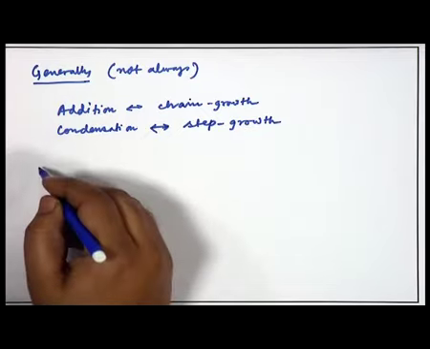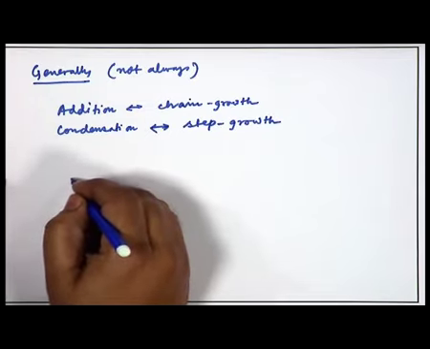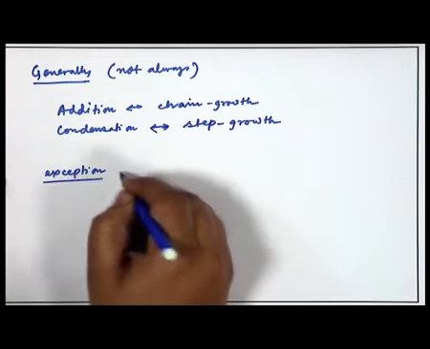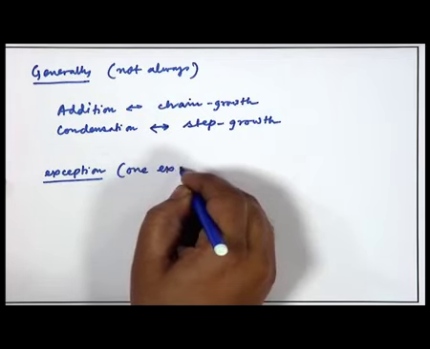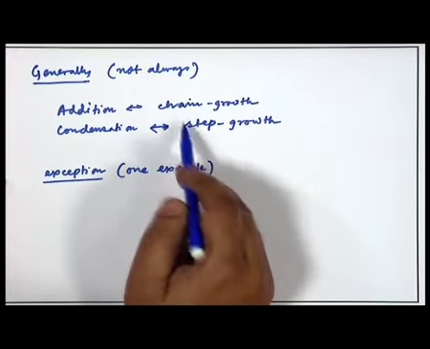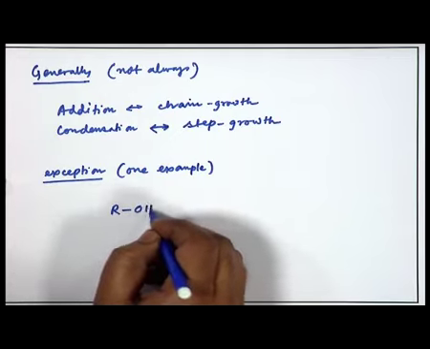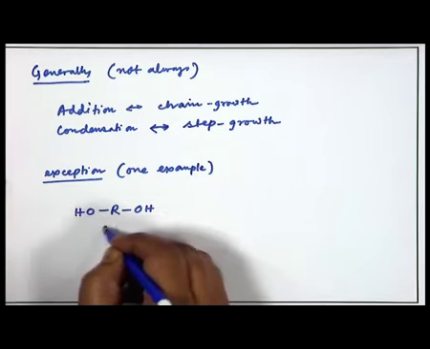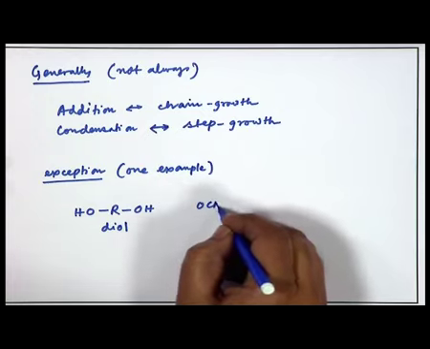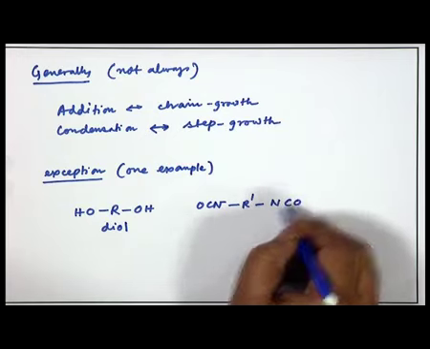I will give you only one exception just to convince you that this is not always the case. There are many examples, but I will give one. I will take a diol, I am drawing the generic structures. So, this is a diol, and I will have a diisocyanate.